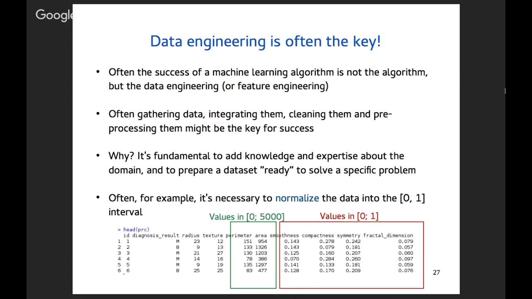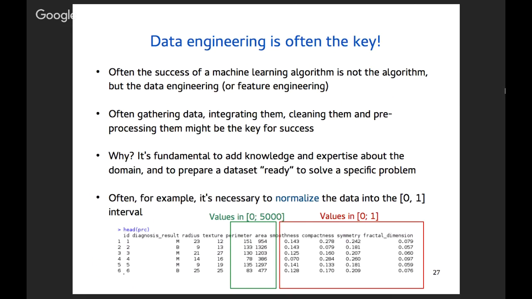For example, a very common mistake that people make is to treat the features in the same way, and this causes a lot of trouble. For example, this is the first 6 lines of the dataset you're going to use later. As you can see, there are these 2 features of this cancer exam called perimeter and area, and they have values between, in this case, 78 and 1,326.